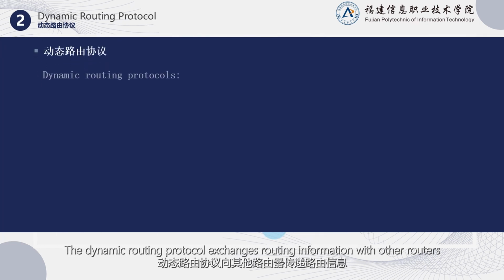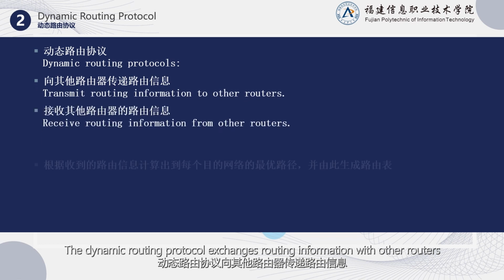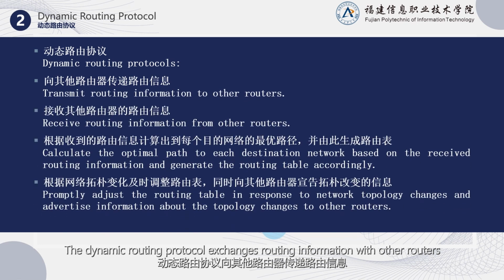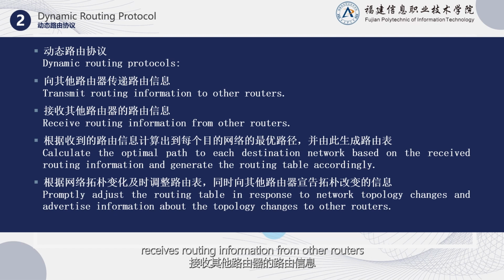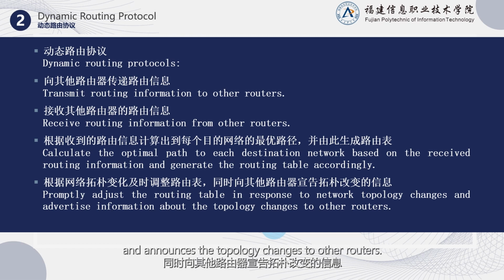The dynamic routing protocol exchanges routing information with other routers, receives routing information from other routers, calculates the optimal path to each destination network based on the received routing information, and generates routing tables accordingly. It also promptly adjusts the routing tables in response to changes in the network topology, and announces the topology changes to other routers.